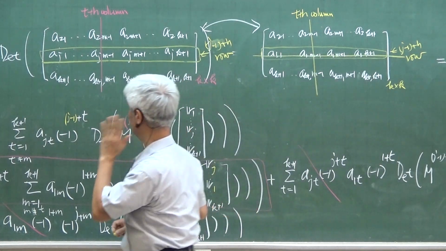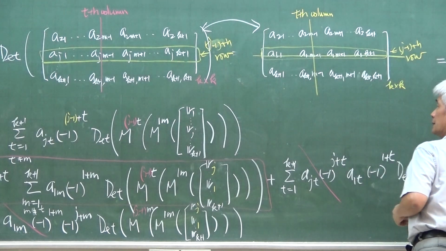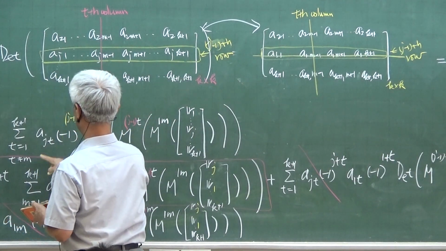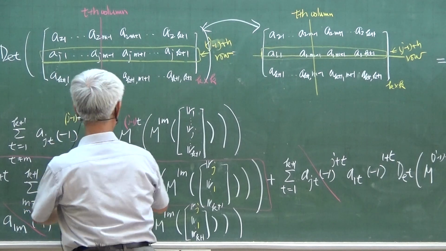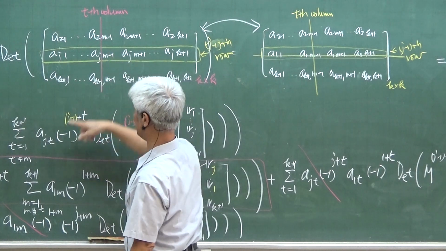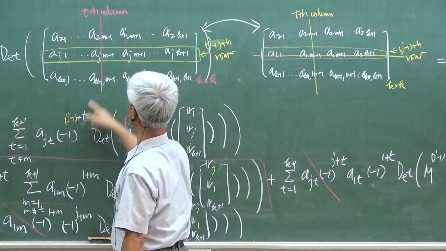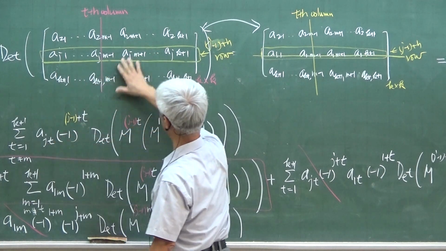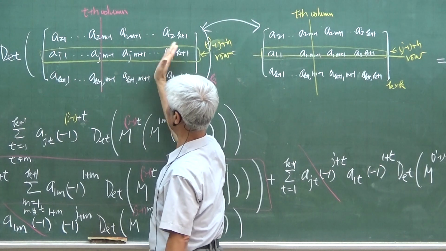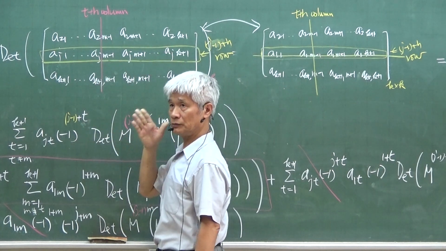Right. The problem here is that it depends on the m. So, all right. If t is less than m, then the index will be the same. But if t is greater than m, then the index will move to the left. So the t must reduce by 1.